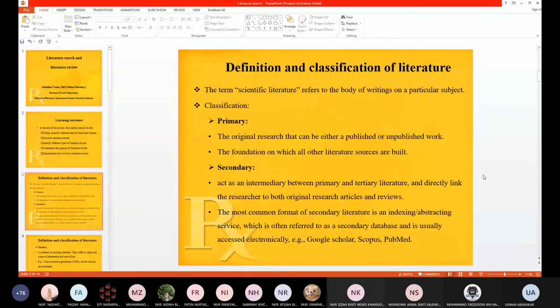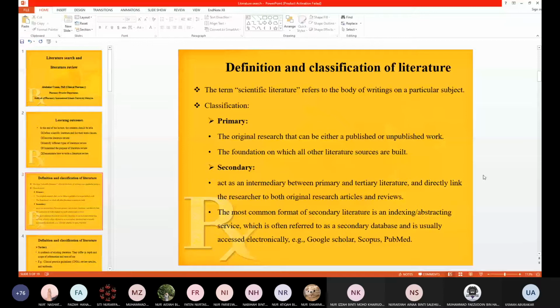The secondary sources are usually electronic databases that act as an intermediary between the primary and the tertiary sources. They are electronic databases that index some of the published primary literature. Some examples of these secondary sources of literature include Google Scholar, Scopus, PubMed, Medline, and once again the Cochrane Library.